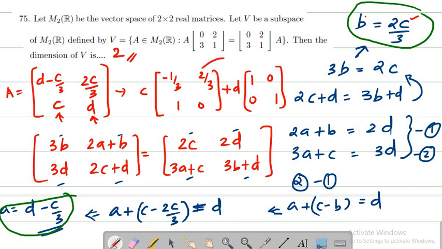So these two are basically linearly independent vectors and they span the full space. They are helping you to find all the vectors of this form. So the span of the set containing these two elements will be nothing but equal to V. So it becomes the basis and this dimension becomes 2.